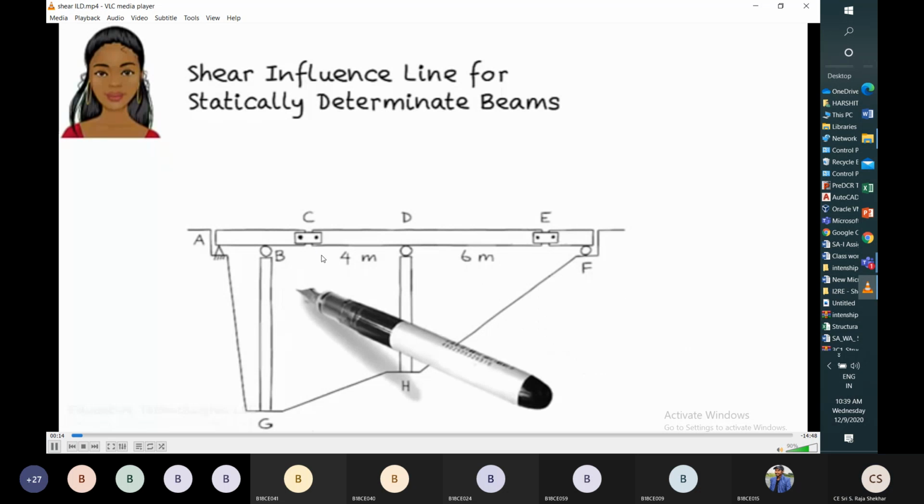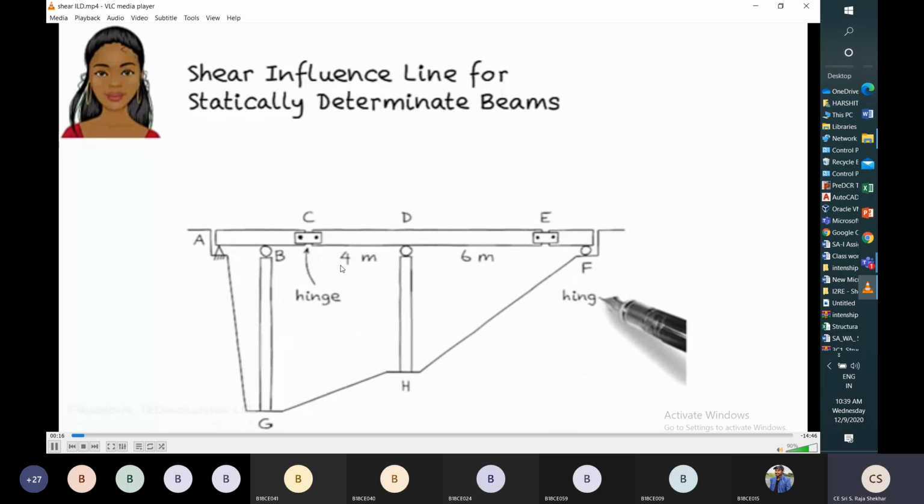So now we'll try to analyze. The length of this is 4 meters and this is 6 meters. This bridge is subjected to a moving load.